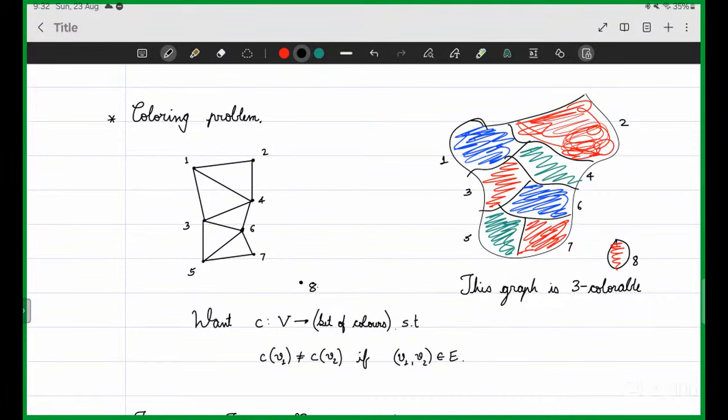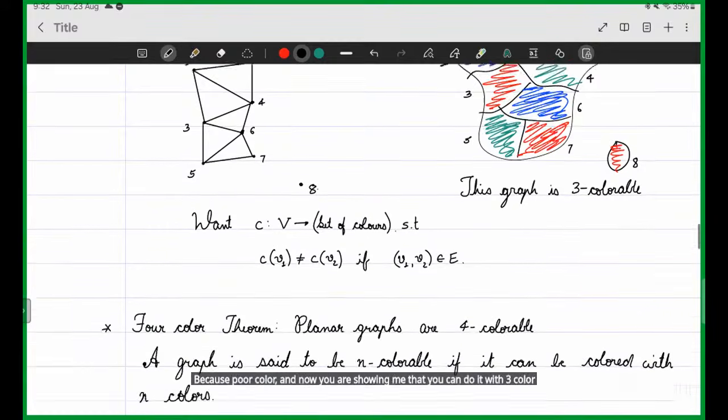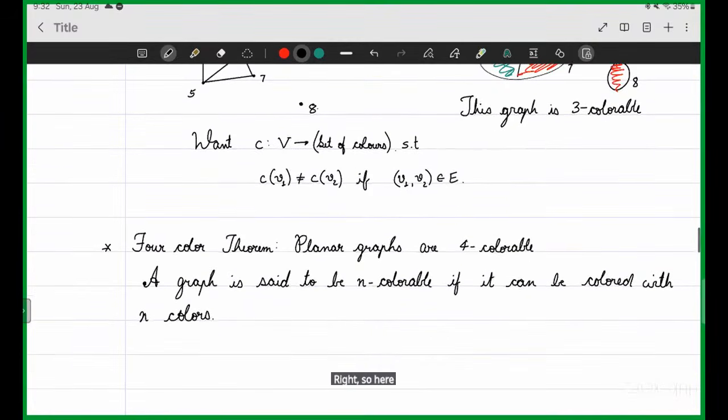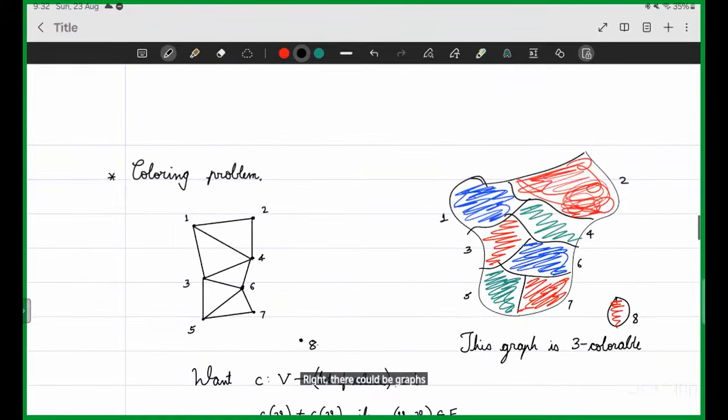So can you explain that again? Because with 4-color, and now you are showing me that you can do it with 3-color also. Right. This theorem says that any planar graph is 4-colorable. There could be graphs which are 3-colorable, like this one.